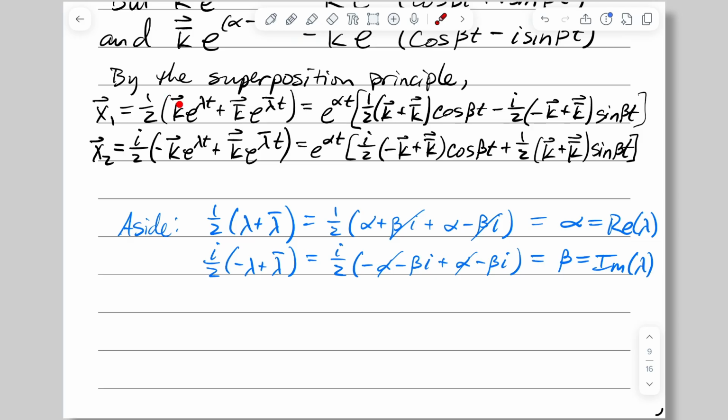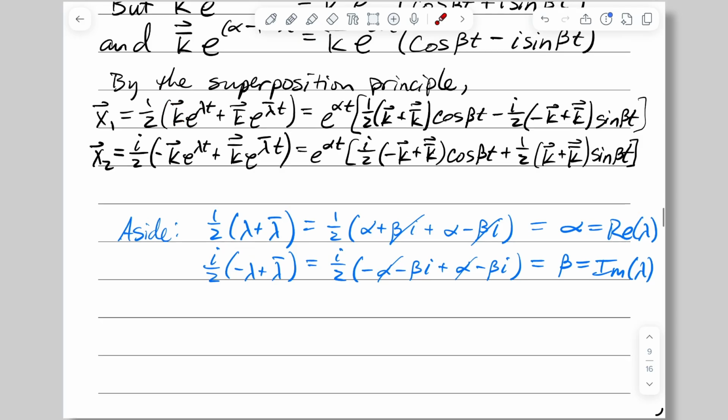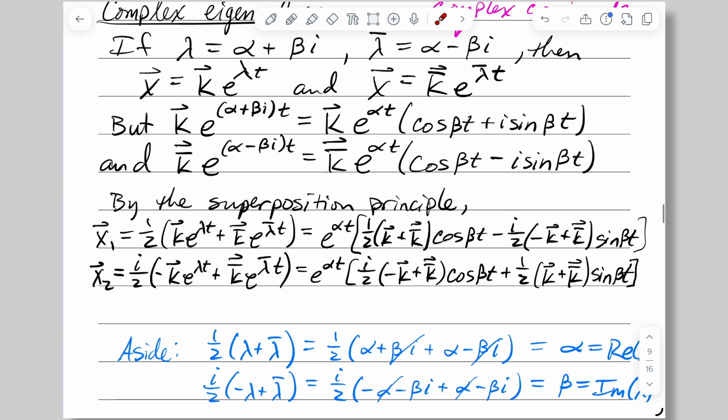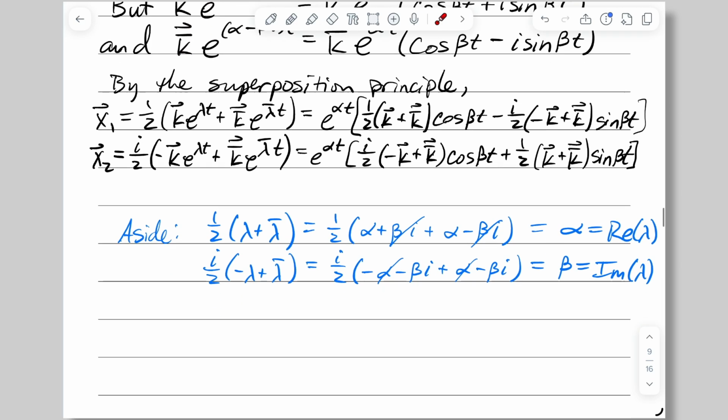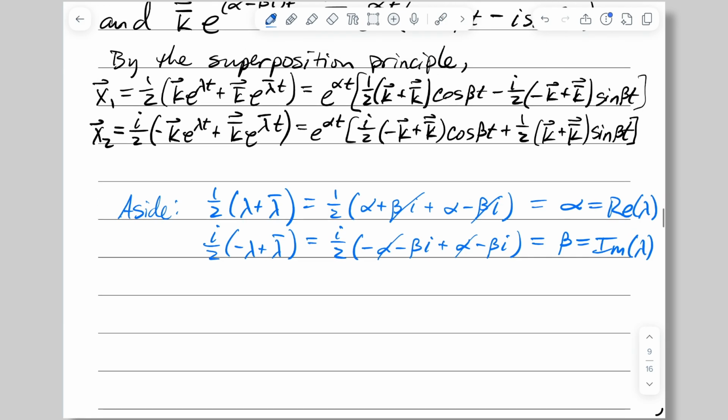I said before that k was a column vector of constants. I forgot to mention that those constants are complex, and that's why we can talk about k bar. So out of all this stuff that we just looked at, we have a couple of expressions involving k that I'd like to focus on.